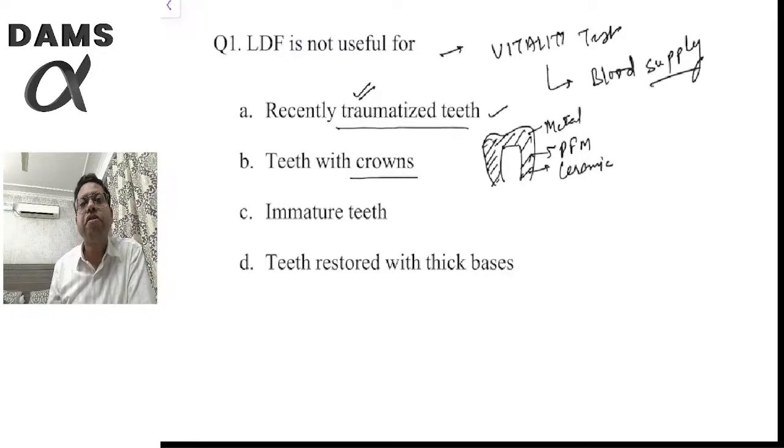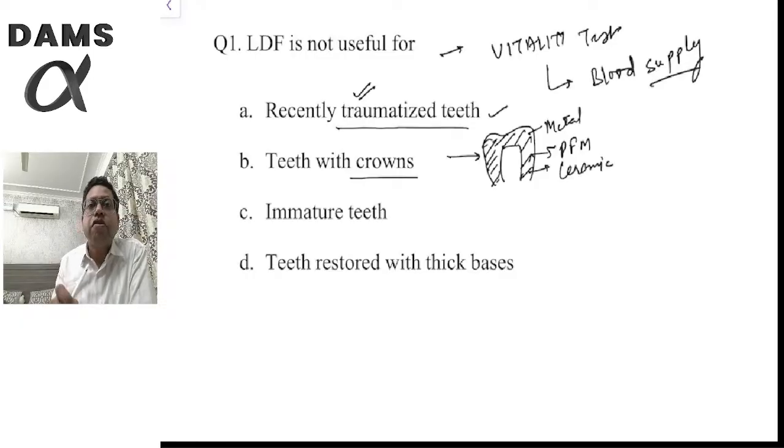We know that the principle of laser Doppler flowmetry is that it uses a laser light that would be reflected by the vascular elements of the dental pulp. Now, if we are using laser light in a full coverage crown, the laser light, that is the helium neon laser that we use for the test, would not penetrate the full coverage crown, whether it is a full ceramic crown, PFM crown, or metal crown.